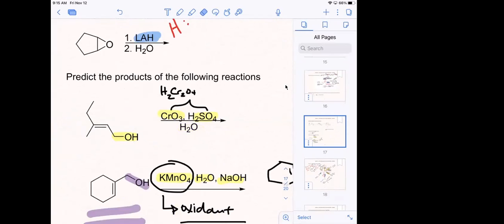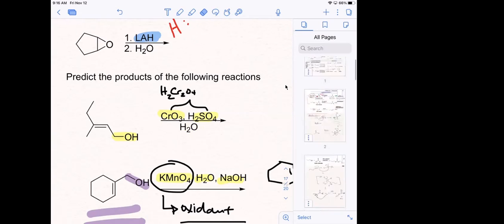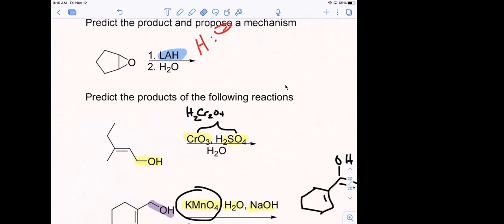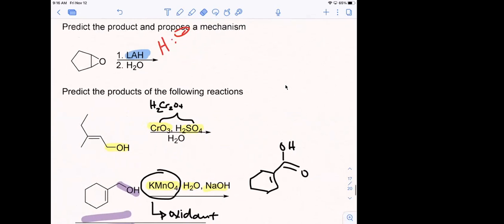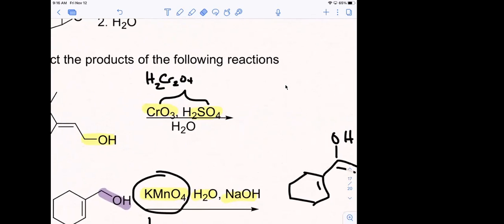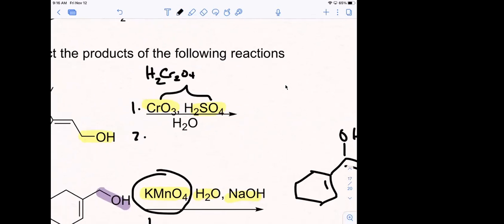But the point is, what is chromic acid and what does it do to primary alcohols? Is it the oxidation followed by like the Wittig reaction? Well, there's no subsequent reaction here. It's just the oxidation. You're right about the oxidation. If it was followed up by Wittig, we would write it as a sequence. So this would be 1, and then the Wittig stuff would be 2, right? We don't have that. We only have the chromic acid.